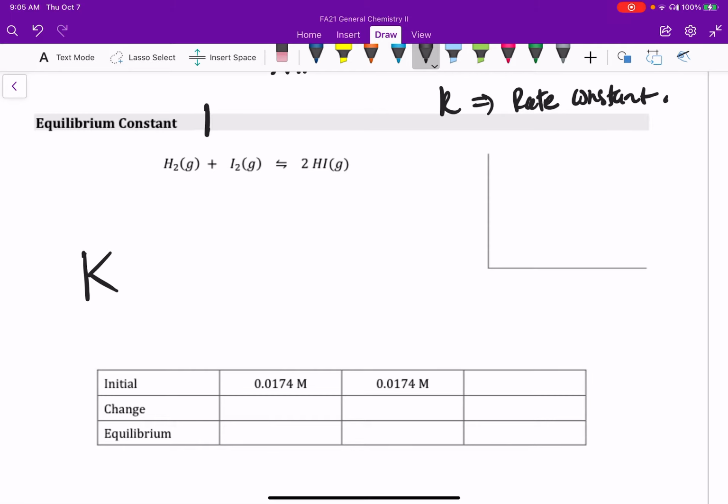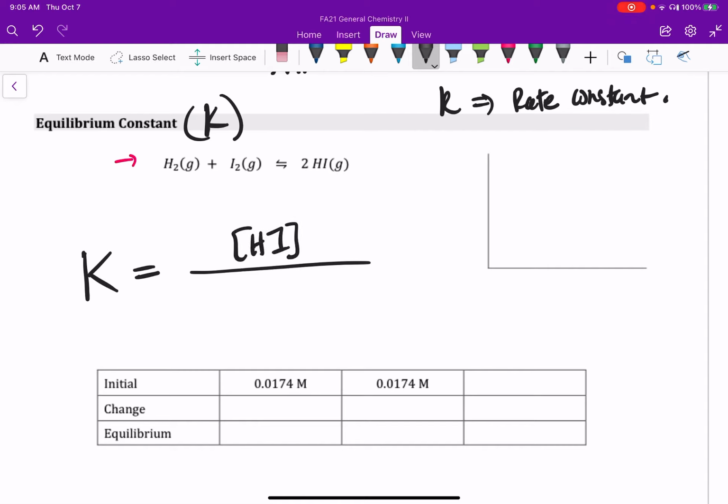That equilibrium constant is big K. And big K is going to equal, if we look at this reaction here, our hydrogen plus iodine producing 2 moles of HI, a ratio. We can set this equilibrium constant as the ratio of the concentration of the products.